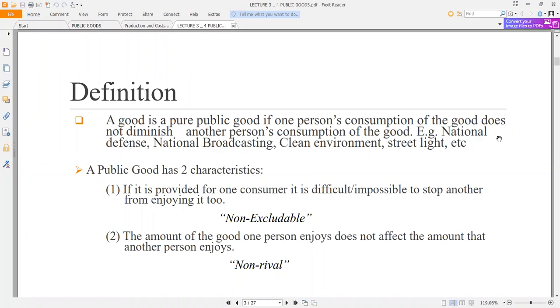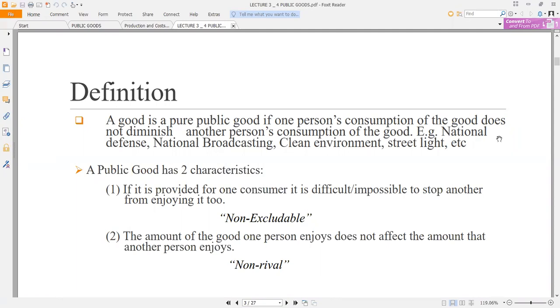But let's take something like maybe national defense. Let's use this Russia and Ukraine case. Assuming that the UN should send soldiers to Ukraine to go and protect their borders. As soon as these people get to the border, one, the protection they are going to provide there is non-rival in consumption.